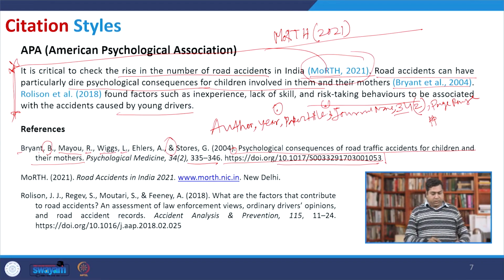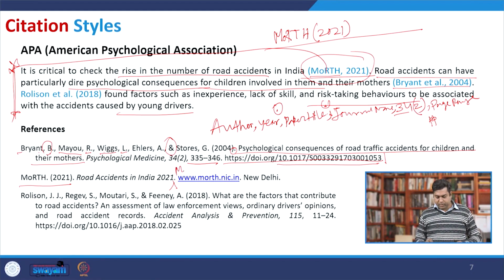Now, come to the MoRTH. In this case you have this particular document, the road accident report, and it is taken from a particular website, so that website is given. Now if it is a published document, then what you need to do is write the organization name.